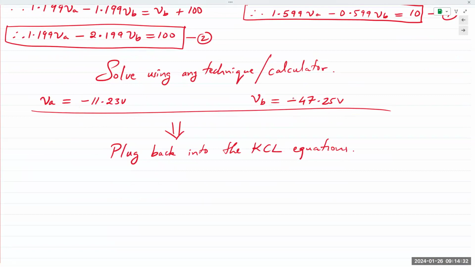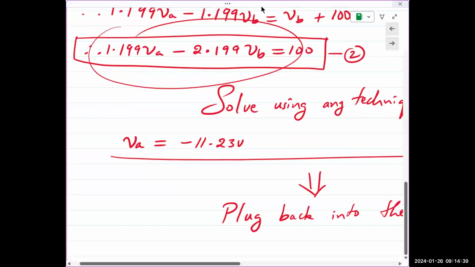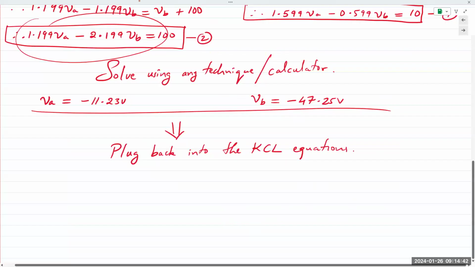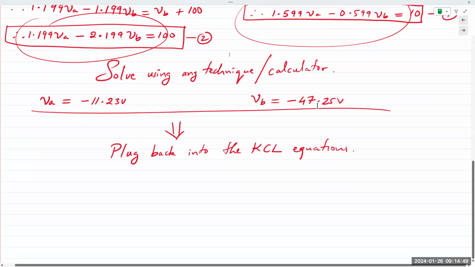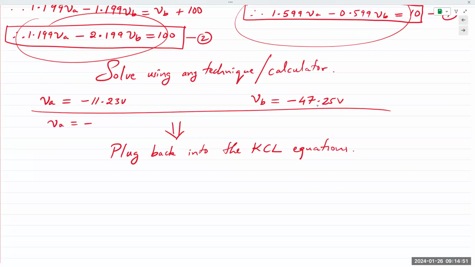Well, if I solve it using the numbers that I have on the board right here, instead of rounding up to like 1.2 or 0.6, what I actually get is minus 13 point something, and here it's minus 52.86. I think this is minus 13.57. So there is a difference in the numbers.